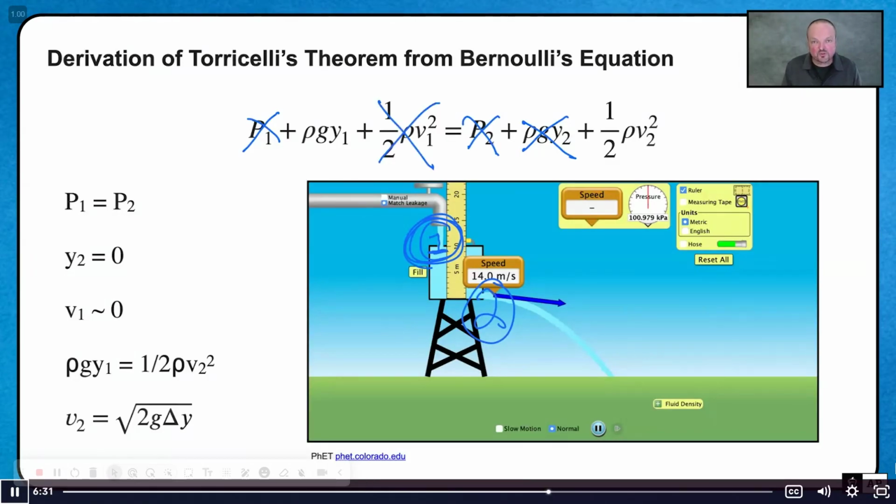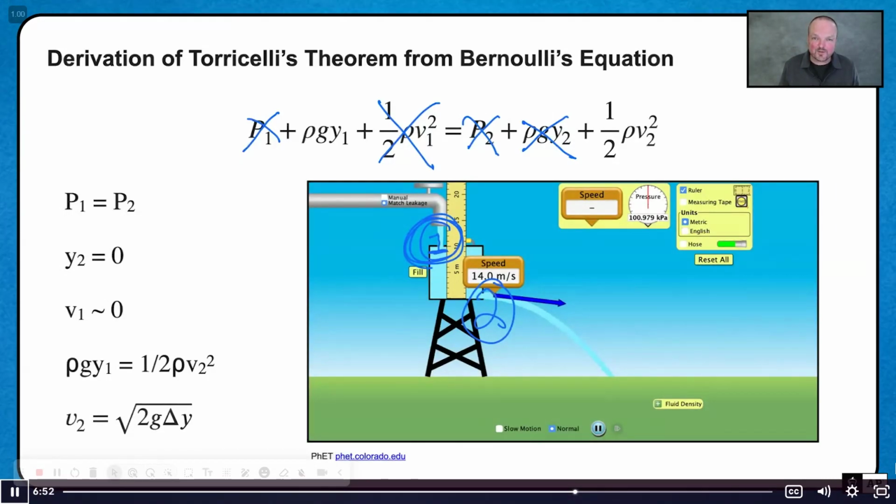And then I'm left with rho g y1 equals 1/2 rho v2 squared. And if I solve that equation, you'll notice that I get v2, that's the speed of the water leaving the water tower, is equal to the square root of 2g delta y. Well, what's delta y? Delta y is the depth of the water.